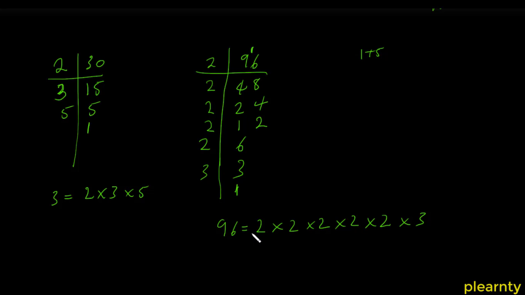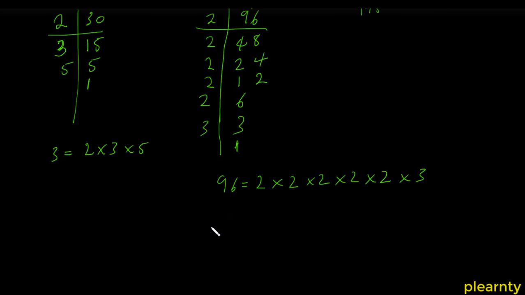Then let's look for the common prime factors. 2 is here. 2 is also here. 3 is here. 3 is also here.